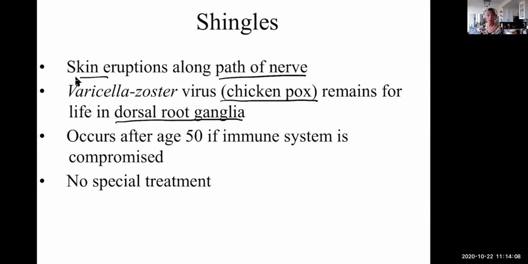So it just remains dormant. Generally, but not always, it happens after 50, and if the immune system is somehow compromised. It just heals spontaneously.